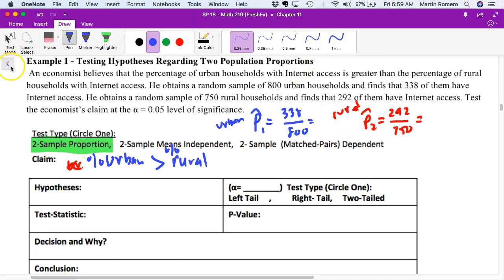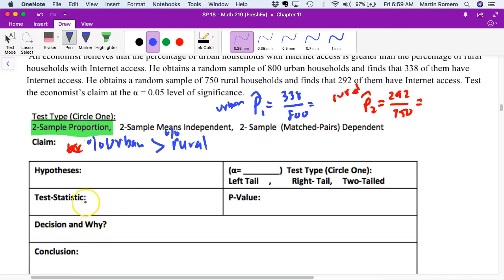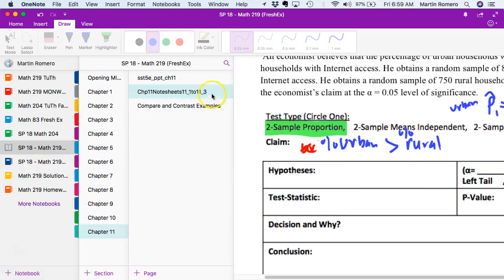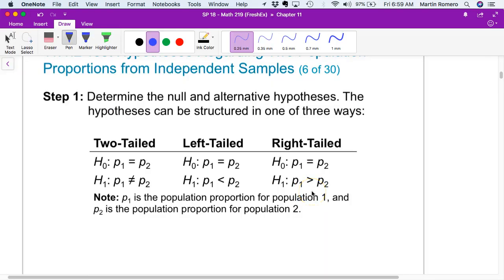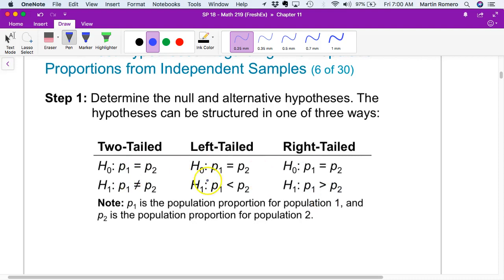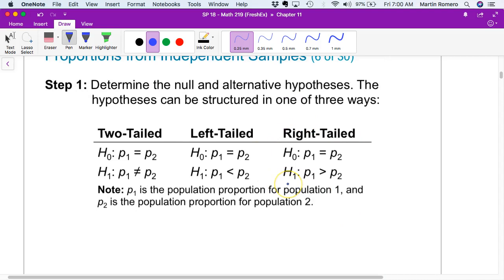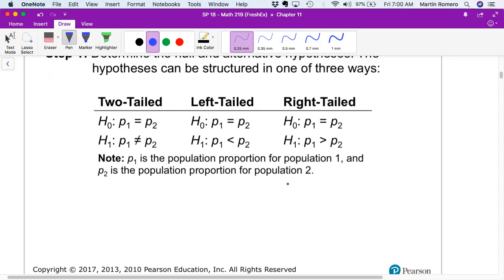In order to start, we would need to write a hypothesis, what significance test, what level of significance, what test type this is, and then we use StatCrunch to get the test statistic and the p-value, then make a decision, just like we've done before. So our null and alternative is going to be one of these. More than likely in this case, we're saying p1 is greater than p2, so it would be a right tail test, and that's what you would be writing in.